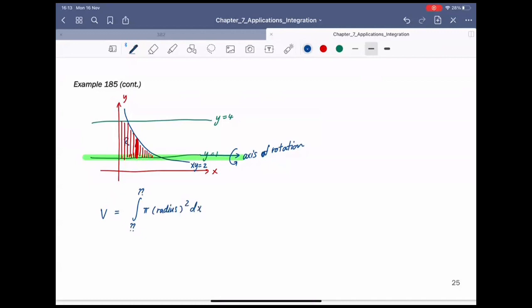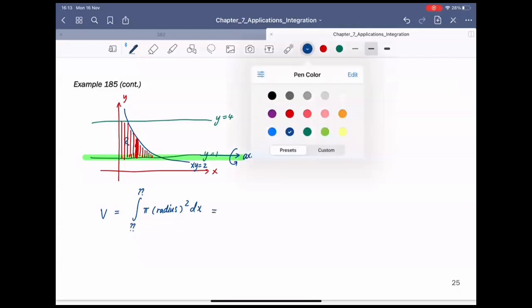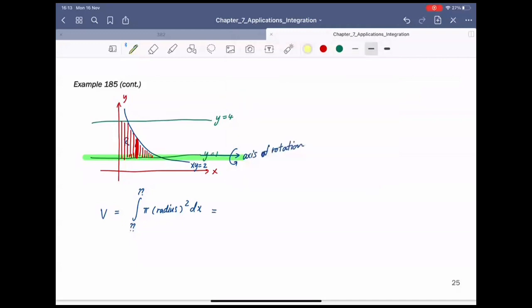Now we use x because of the vertical line. The hardest part is, we need to split into 2 pieces, right? The first one, the one that I highlight in light blue, you integrate from y equal to 1 to y equal to 4. However, on the second piece, the yellow one, you integrate from y equal to 1 to y equal to 2 over x.